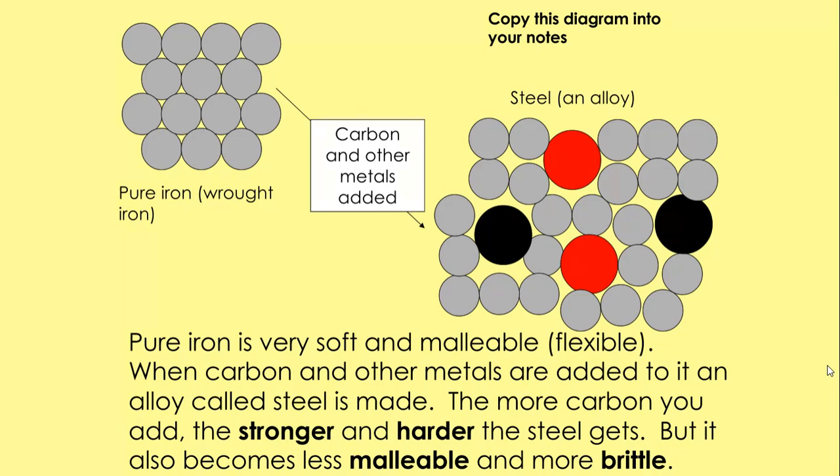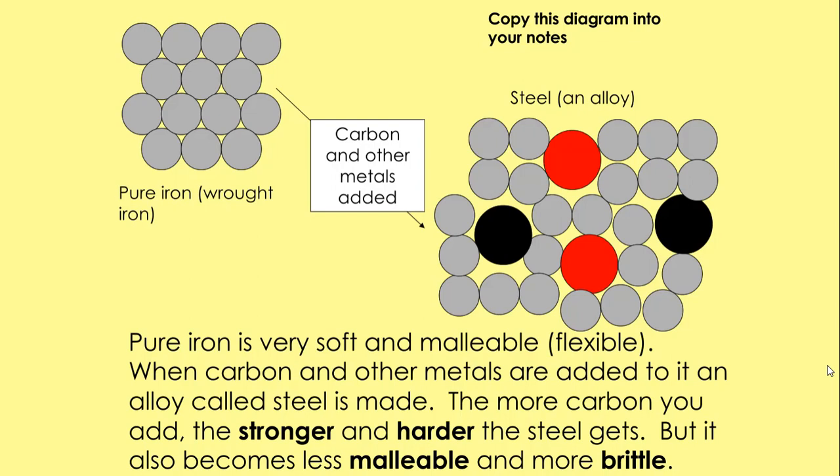When you look at steel, and we should know all about steel because of the city we live in, it's got carbon and other metals added. Because not all the atoms are exactly the same, the metal cations are disordered.